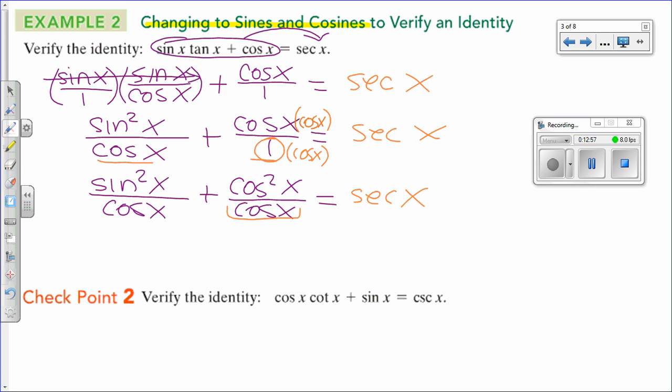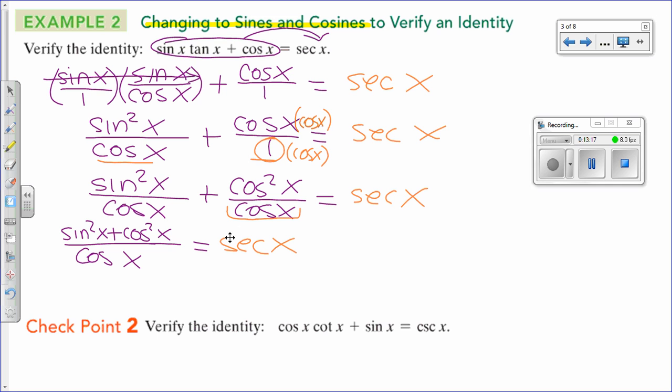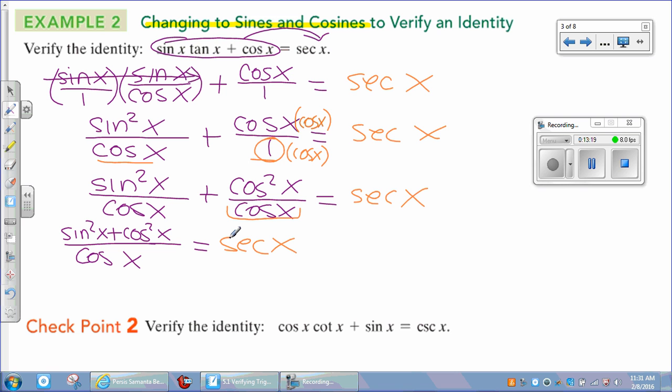Now, here we have the same denominator, so it makes sense I write them under one fraction. So we have sine square x plus cosine square x. And of course, we're trying to prove that it is equal to secant of x. And so, do you guys remember what that equals to? The numerator? I told you one day that it was going to be your lifesaver.